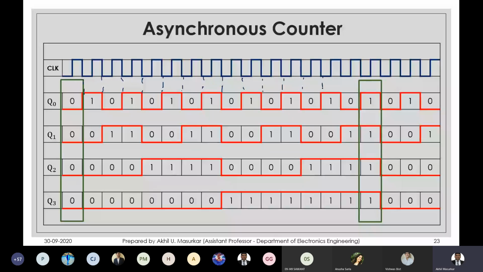So this is your MSB and this is your LSB. You have to read like this. So this is 0, 1, 2, 3, 4, 5, 6, 7, 8, 9, 10, 11, 12, 13, 14, and then 15. And then again here you are having a 0, 1. So it counts from.